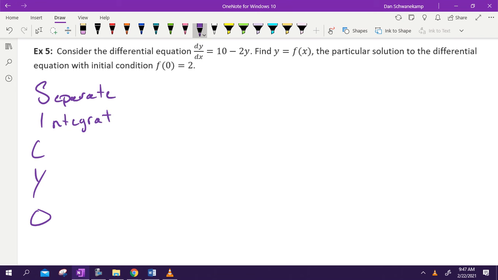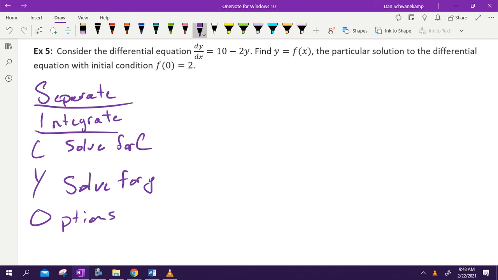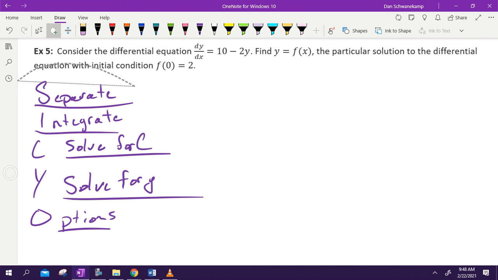C stands for solve for C. What does the Y stand for? Solve for Y. Don't write this in your notes because, well, you can. Just be careful. We're going to run out of space. What's O stand for? Options. Options is when you have plus or minus. So we separate, we integrate, we solve for C, we solve for Y, and options.